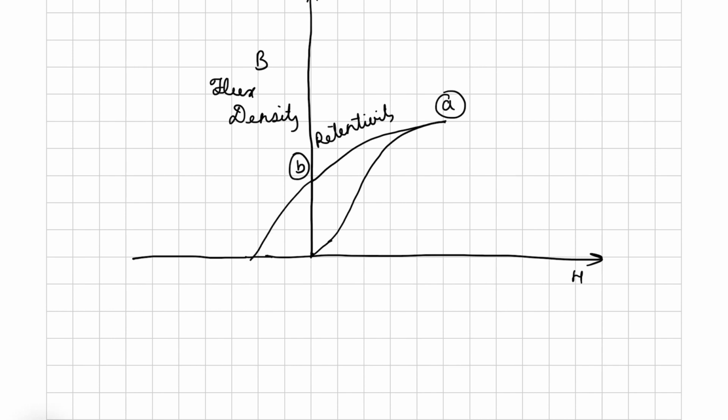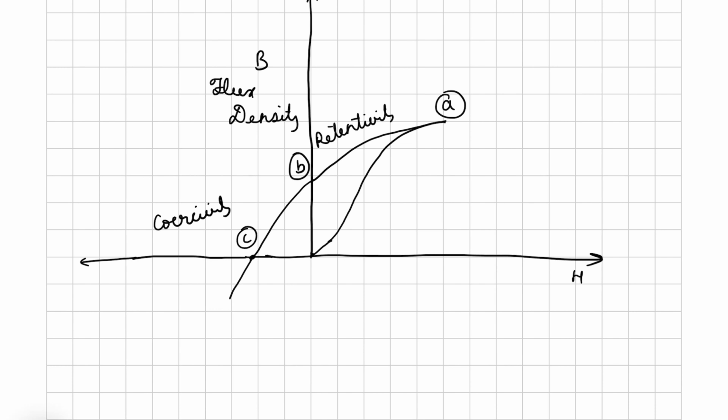So let's say we reach a point C here, and this is called coercivity or coercive force. Coercive field, you can say. We are talking about the H. So this process is coercivity.